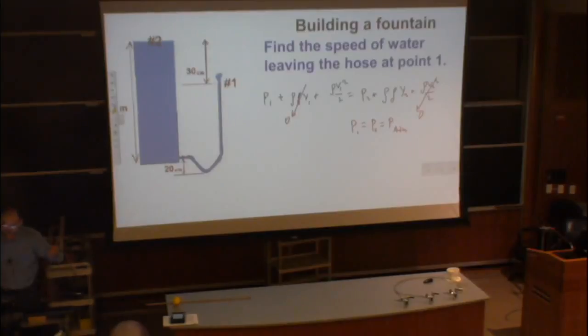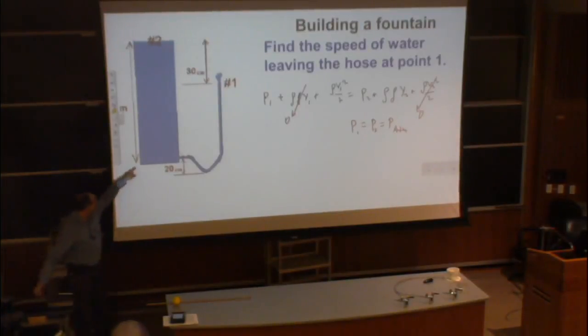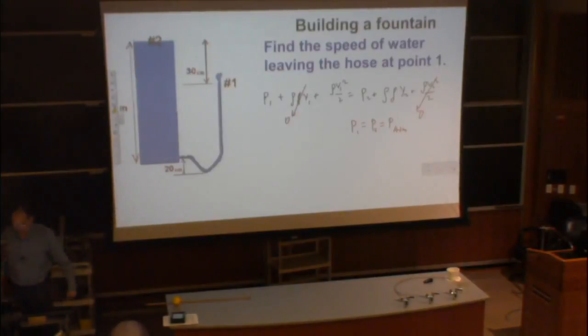But when we make a hole, for this column it's practically static pressure because it's practically not moving. But if I make a hole, that's it. The pressure immediately balances to atmospheric pressure.